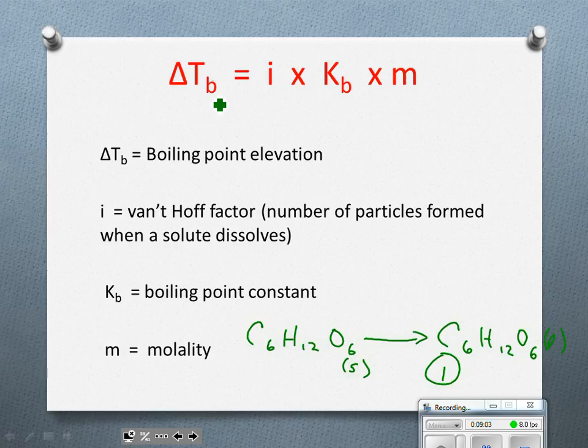Do we understand Van Hoff's factor? Yeah, Maddie? How do the acids work? We can get ionization, okay? Now with the acids, I don't ever remember having a colligative property dealing with an acid.